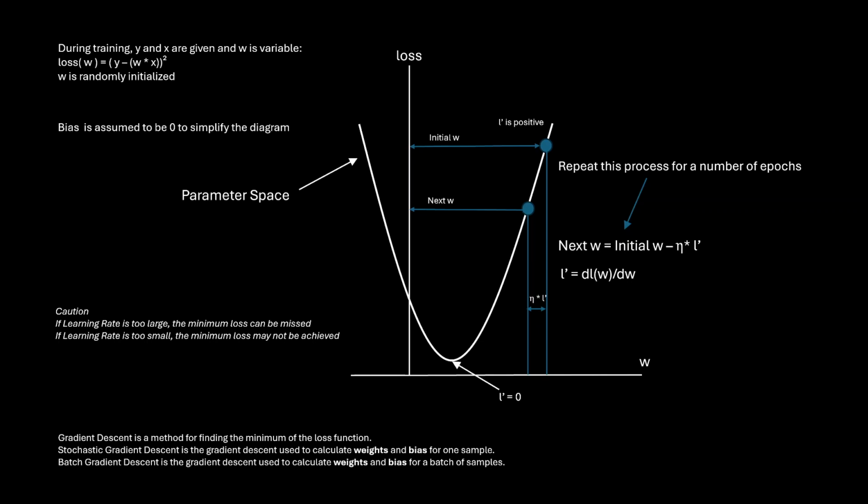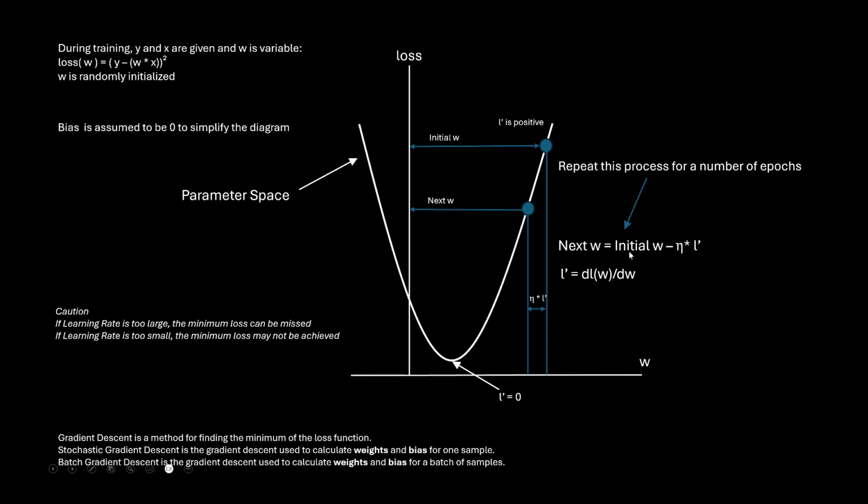If we take each data point and update the value of the weight using this gradient descent algorithm, if we do that for just one data point at a time, the gradient descent is called stochastic gradient descent.